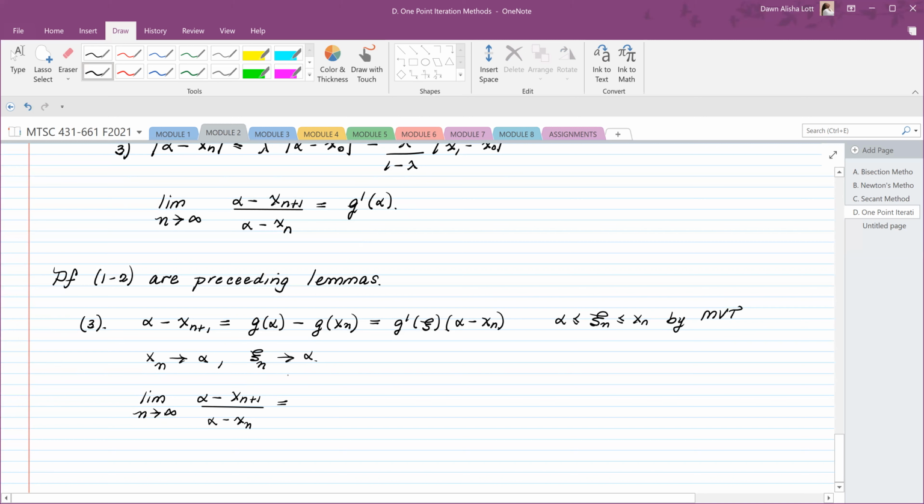Well, that's just the limit as n approaches infinity of g prime at c. But c is going to alpha, so this just gives me g prime at alpha.